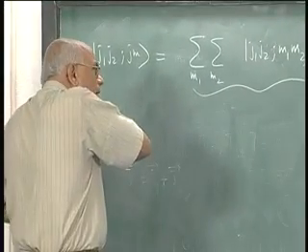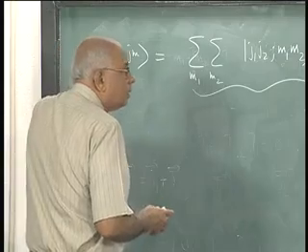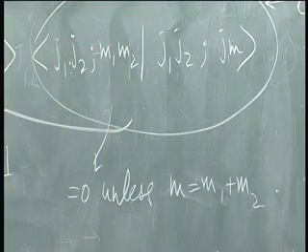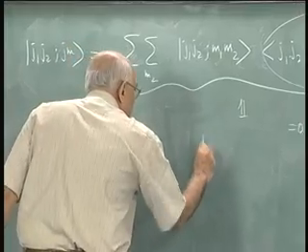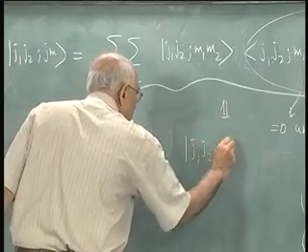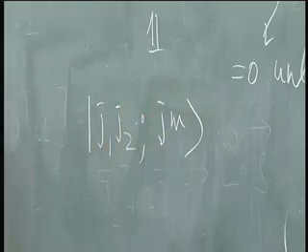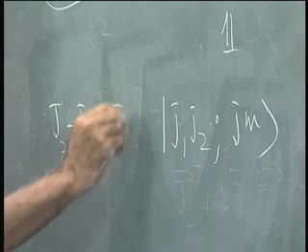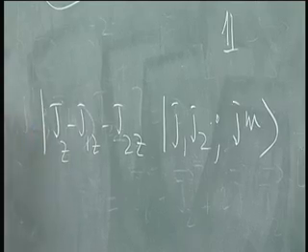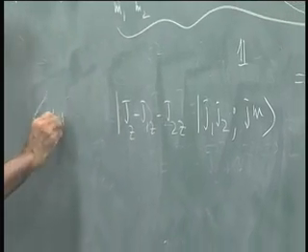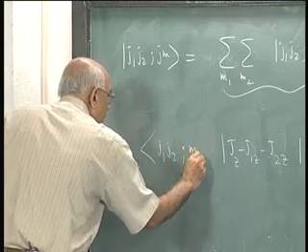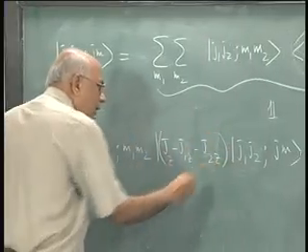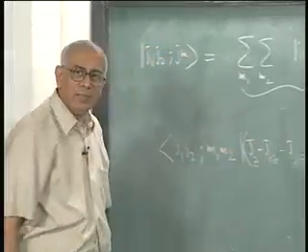I simply take this state |j1 j2 jm⟩ and act on it with a suitable operator, jz minus j1z minus j2z, and I put the bra ⟨j1 j2 m1 m2| here. I sandwich this operator between these states.